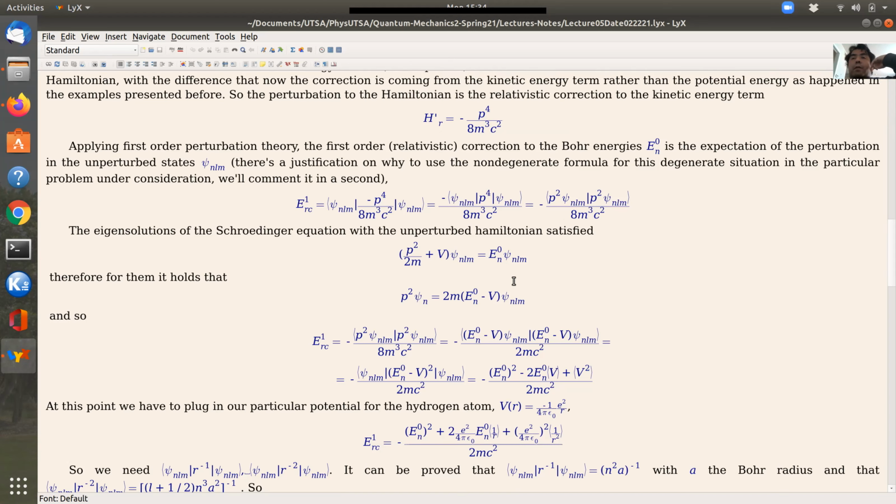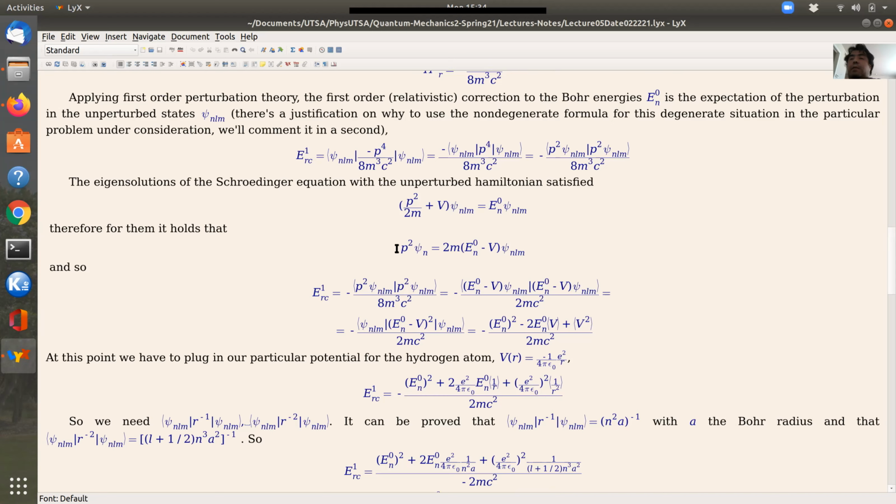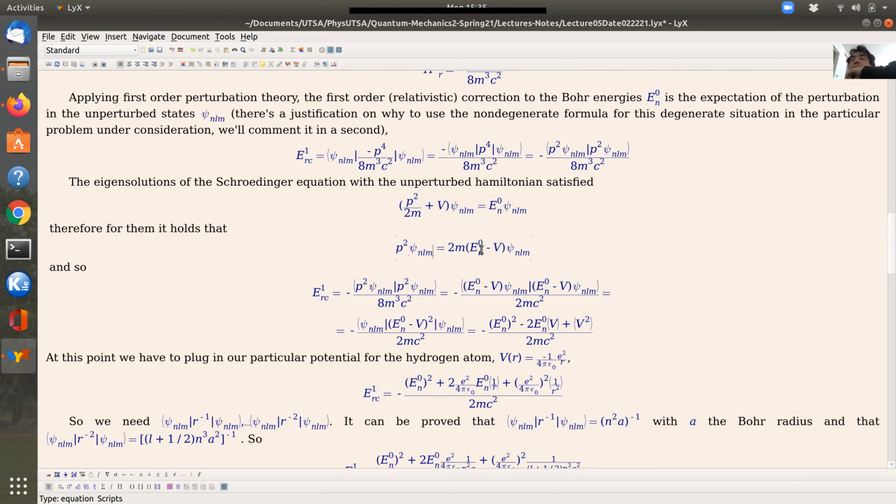And if we do some simple algebra, we basically pass the V to the other side and the constants 2m, etc. And we have that the effect of p squared over the wave functions, and here I'm having a typo, is basically 2m times the energy eigenvalues in the unperturbed hydrogen atom minus V, where V is the Coulomb potential.